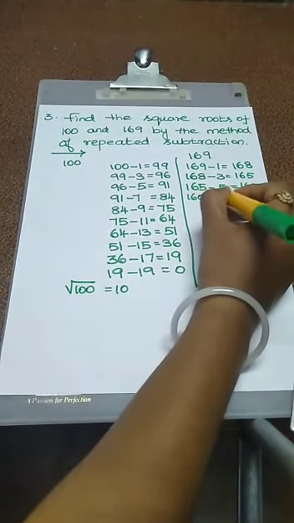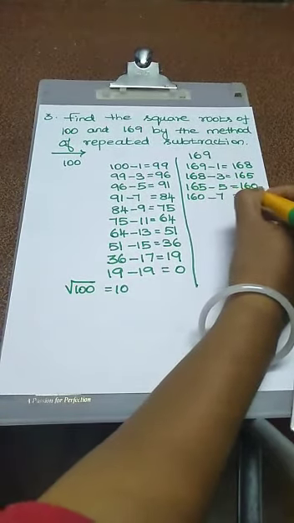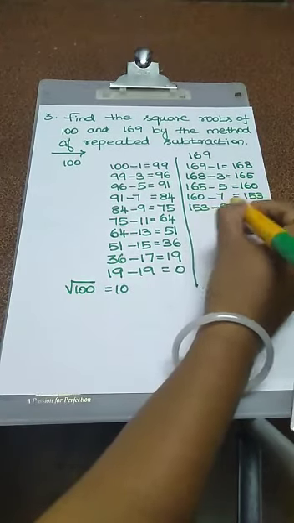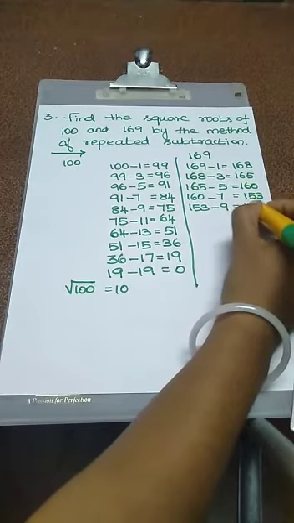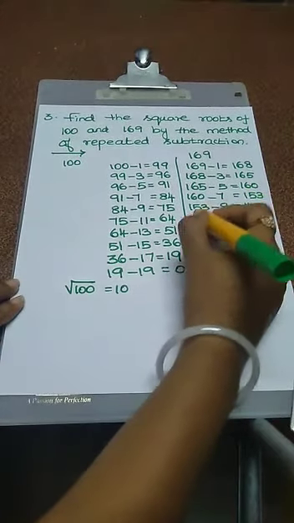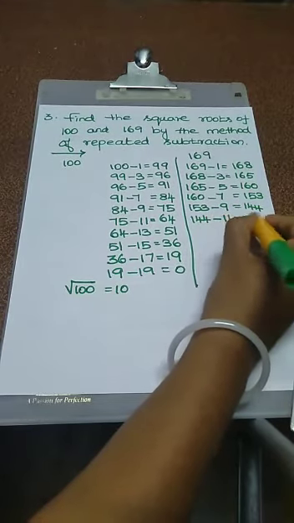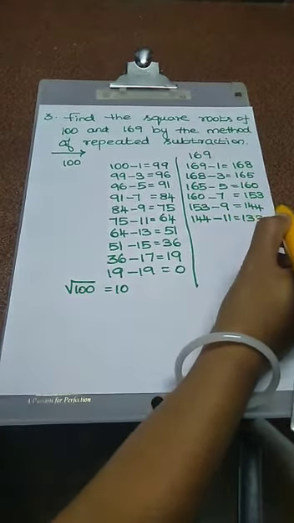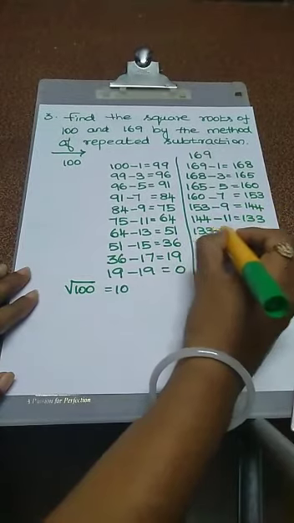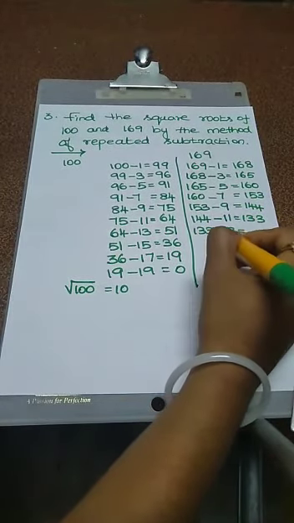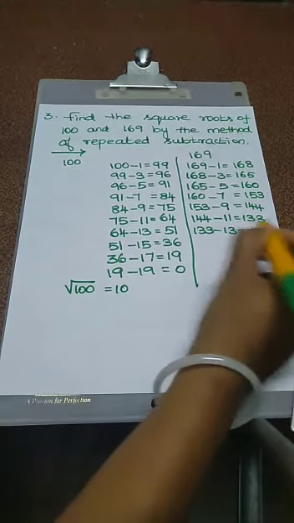The next odd number is 7. 160 minus 7, 153. 153 minus 9. What is the value? That is 144. Next 144 minus 11. What is the value? 133. Next 133 minus 13 is 120.